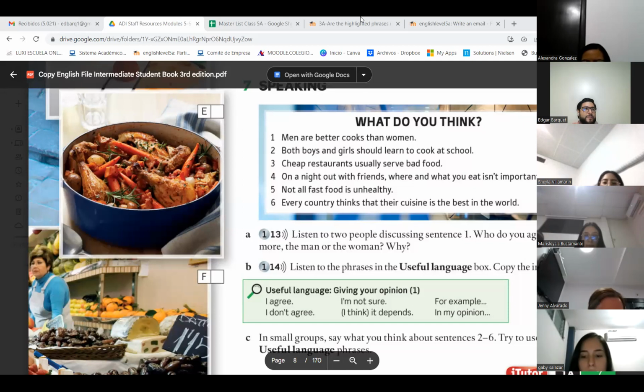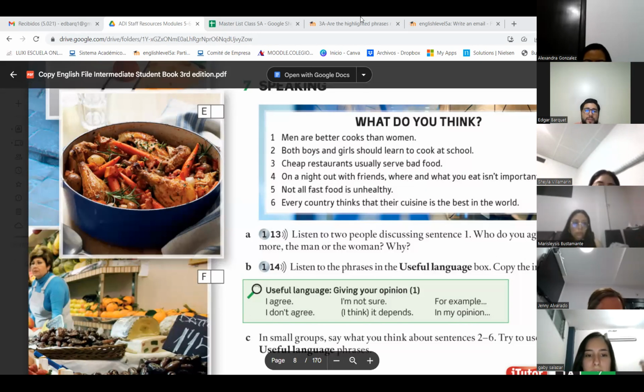I have never eaten cuy. You have never eaten cuy. How do you say cuy in English? There's a word. Please, if somebody can look for it really fast in Google Translator, because it has nothing to do with the word cuy. It's something like pig. I don't know. Guinea pig. Guinea pig, that's it.